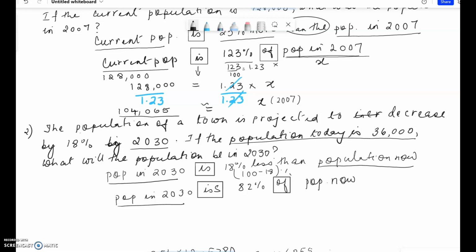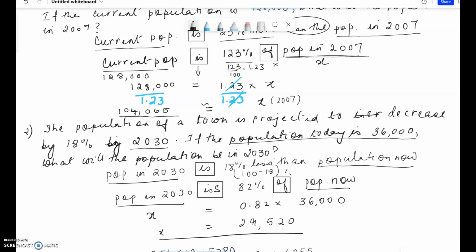So the population in 2030, our x, is equal to 0.82 of the population now, which is 36,000. So the population in 2030 is equal to 29,520.